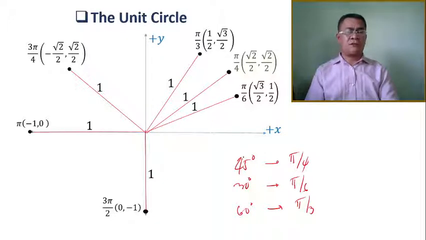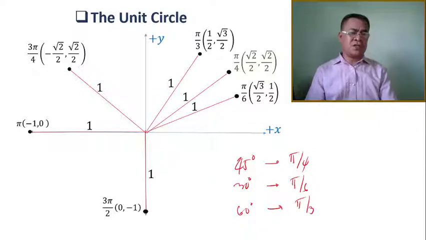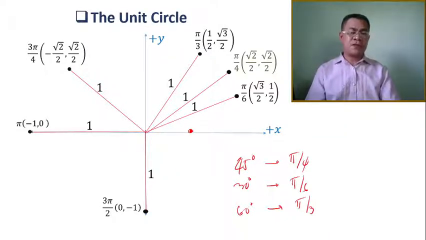So, if your reference angle, by the way, the magnitude of the trigonometric function of the standard angle is the same as that of its reference angle, disregarding the sign.